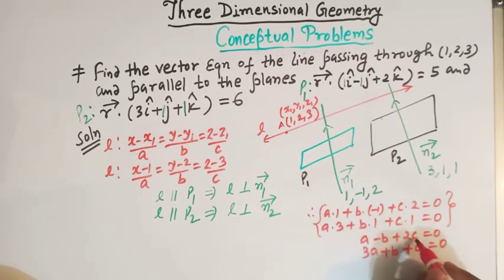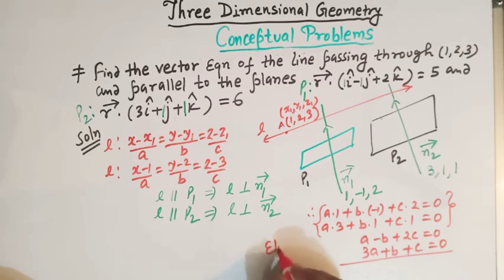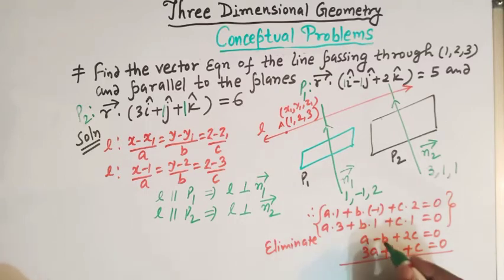Now here we have three variables and two equations. In order to solve these two equations, we will eliminate any one variable. So here we see that the variable c can be easily eliminated. If we add these two equations, minus b and b get cancelled, we have 4a, and 2c plus c is 3c, equal to 0.